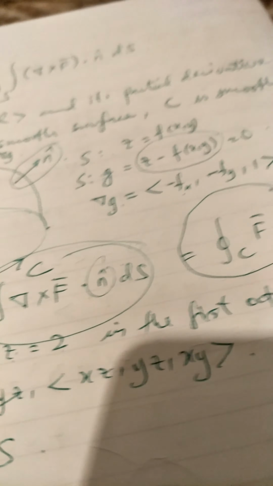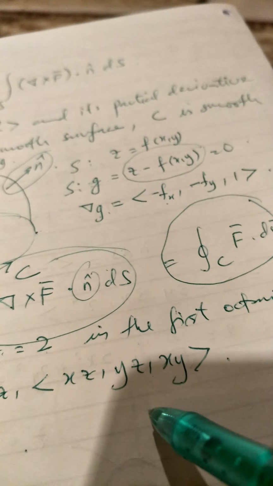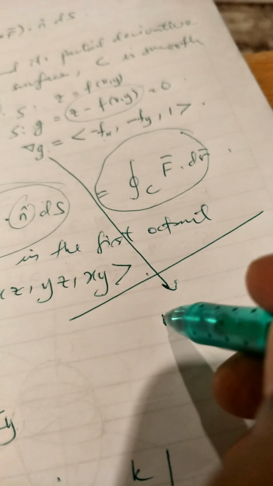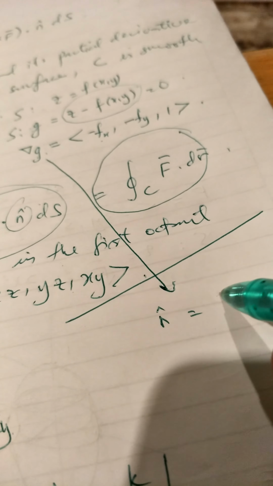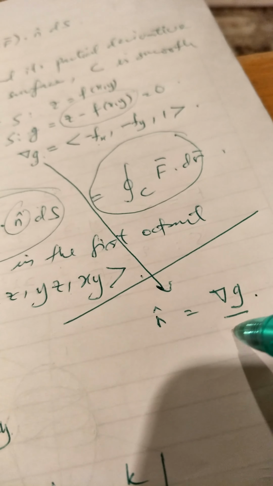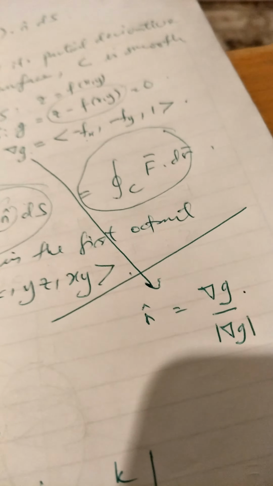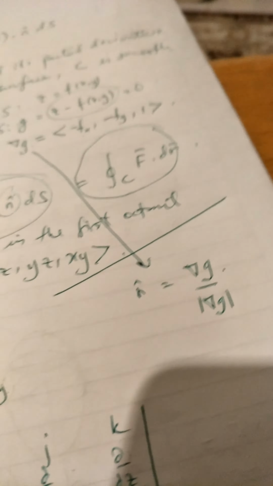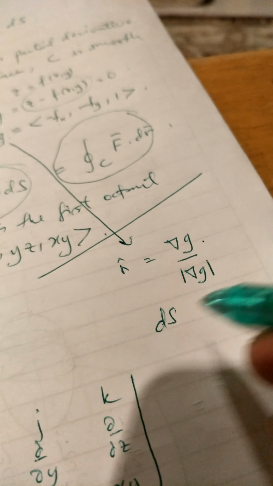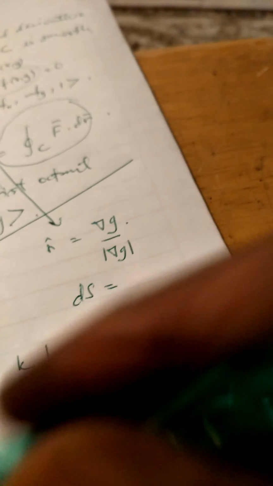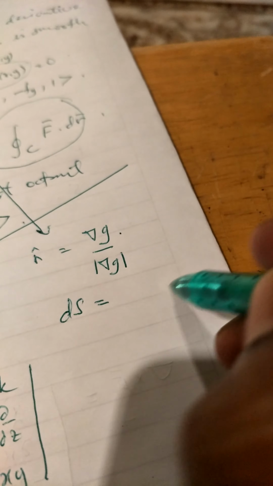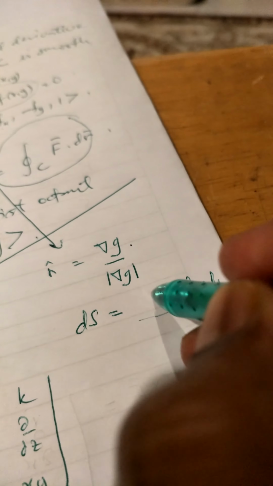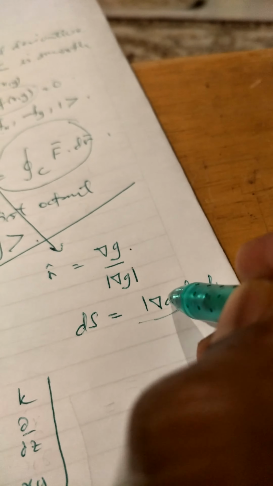Okay, now we need n, so I need some space, I put it here. Our n is given as del g over magnitude of del g. This is a unit vector. Now what is ds? Because this is a surface, and you have everything in x and y, you need to write it in terms of xy, and here given as del g.